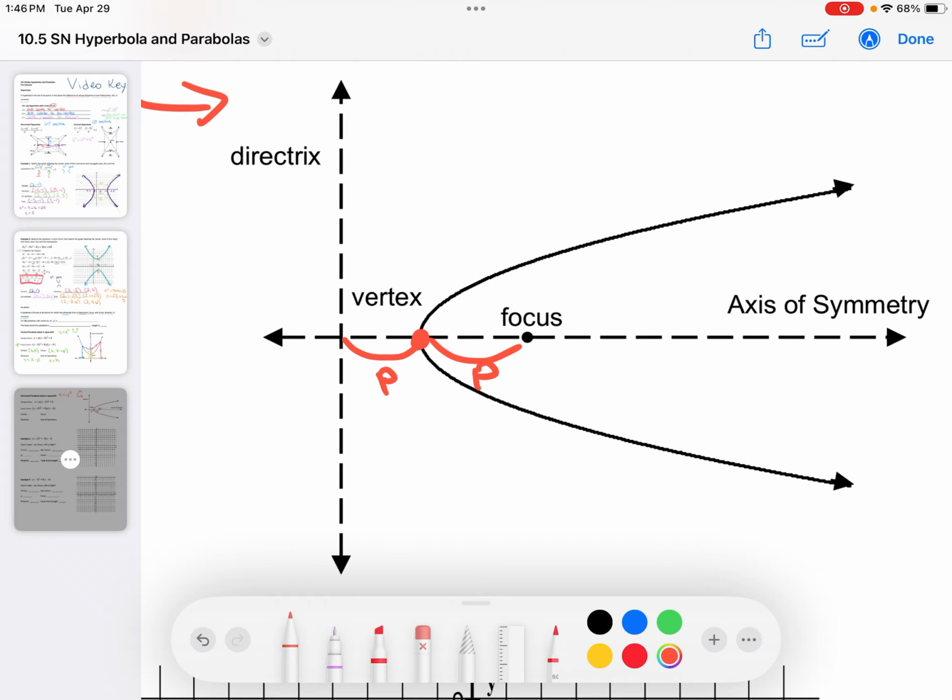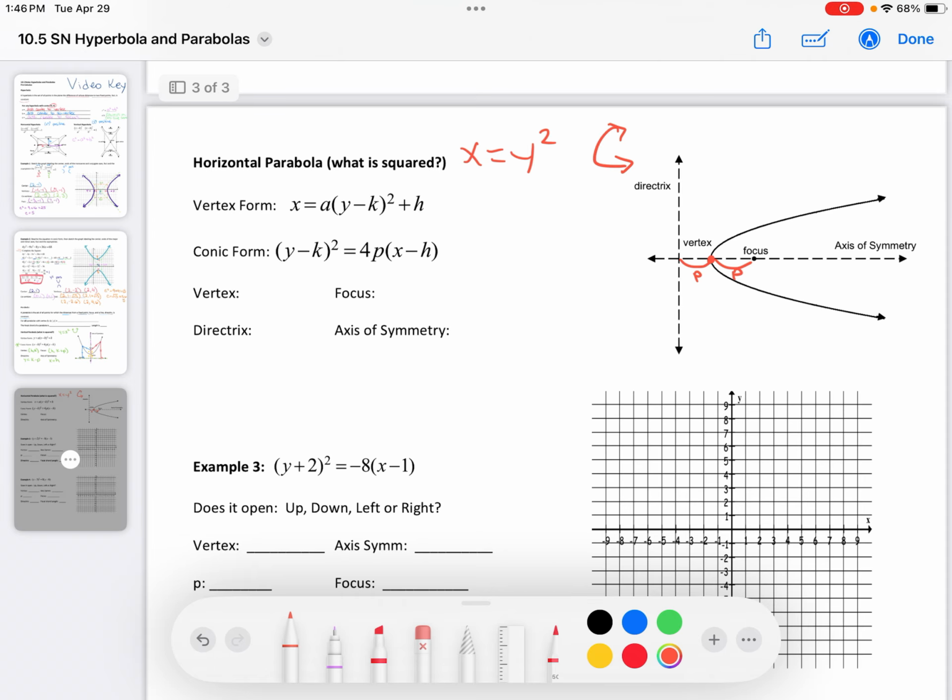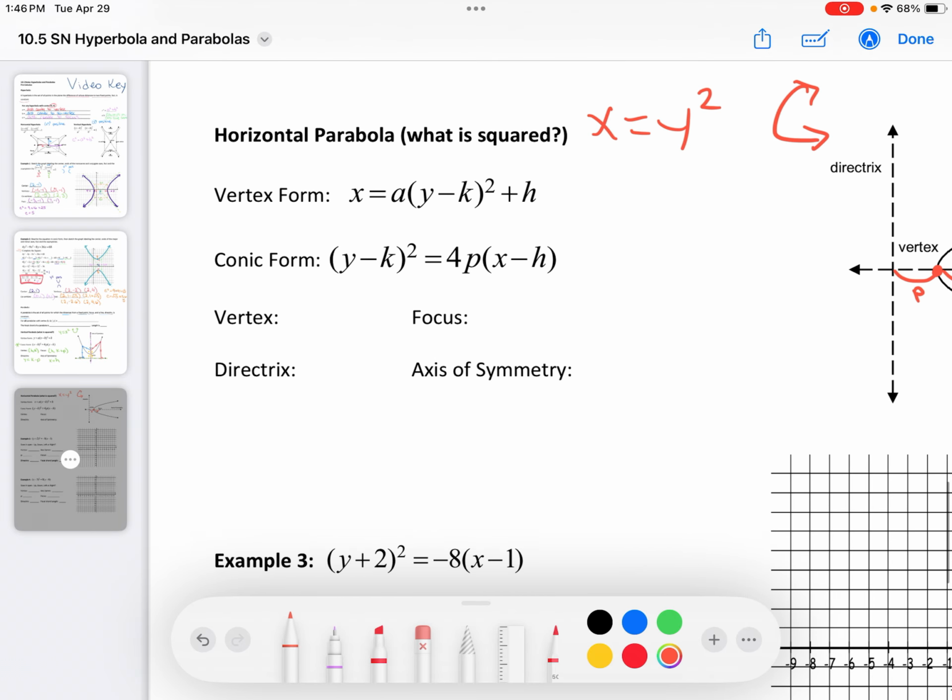The focus and the directrix are both p units away from the vertex. So vertex form and conic form are here. Conic form is what we'll use most often. (y minus k) squared equals 4p times (x minus h). It's the y that's squared. x equals y squared. That's what makes this horizontal.